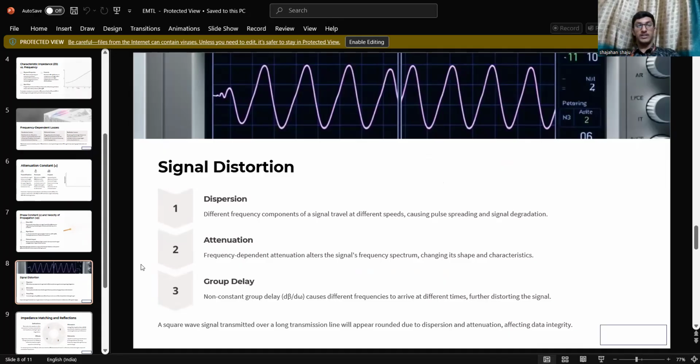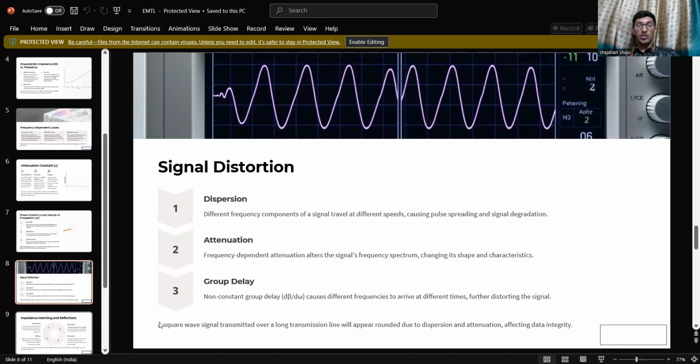Signal dispersion: different frequency components of a signal travel at different speeds, causing pulse spreading and signal degradation. Attenuation: frequency-dependent attenuation alters the signal frequency spectrum, changing its shape and characteristics.